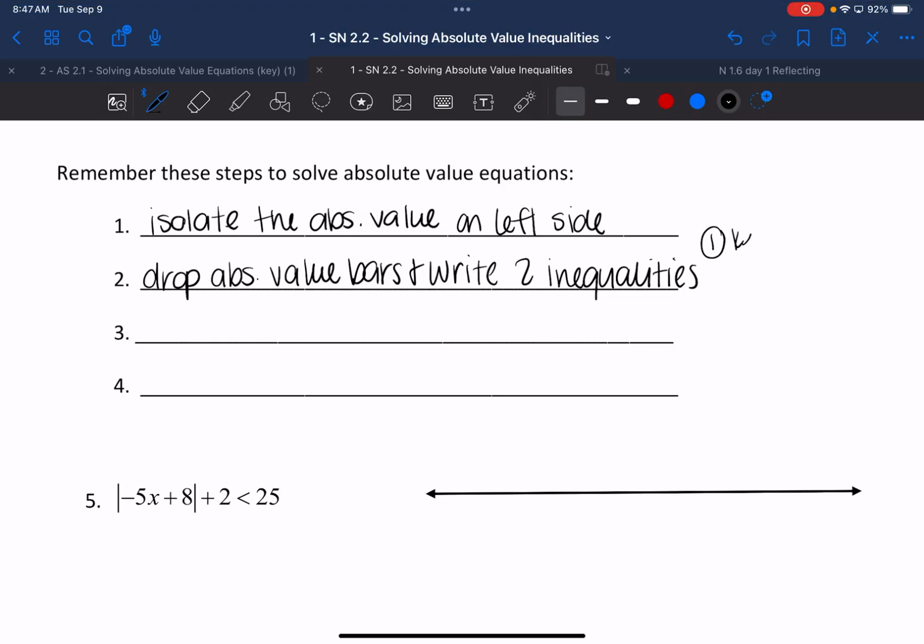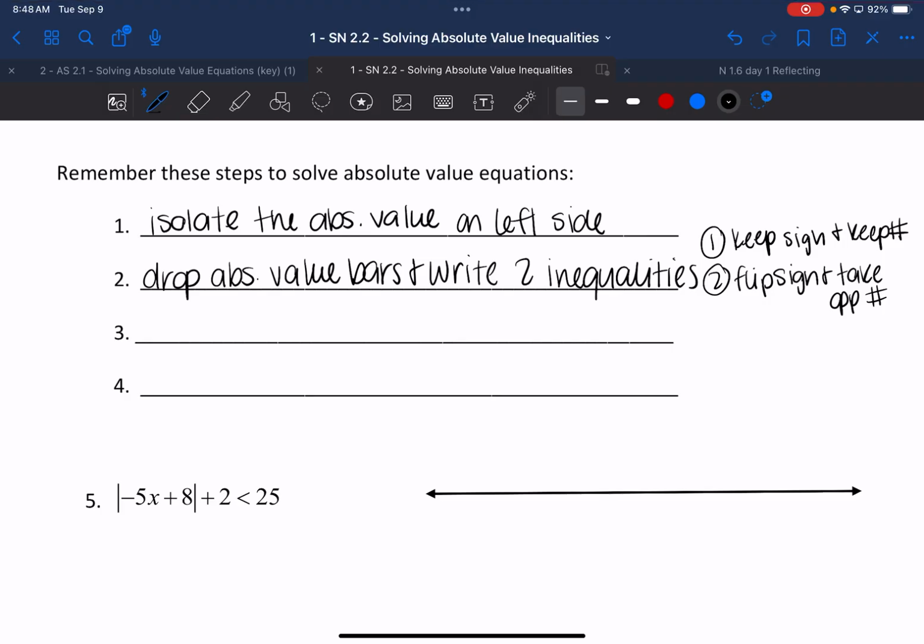So you're going to keep the sign and keep the number the same value. Okay? But for the second one, you're going to flip your inequality or flip your sign and take the opposite of the number. So change its sign. If it was positive, we make it negative. If it was negative, we're going to make it positive.